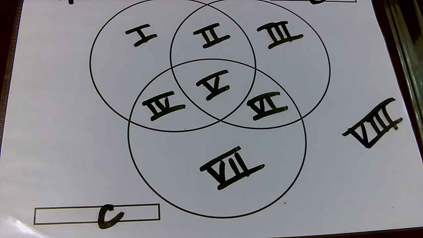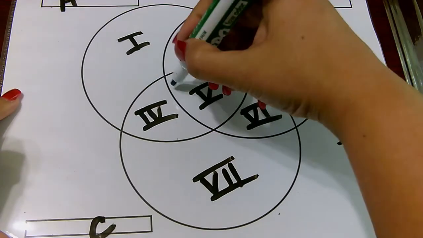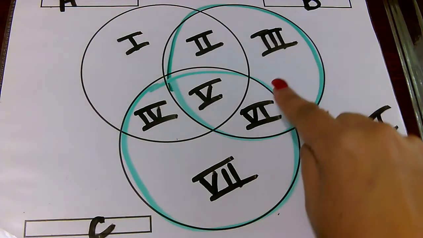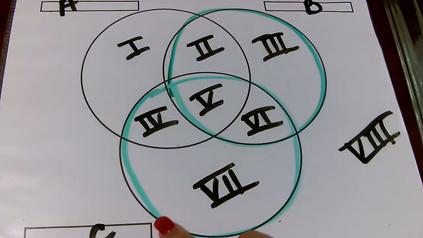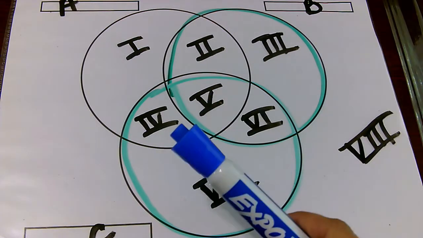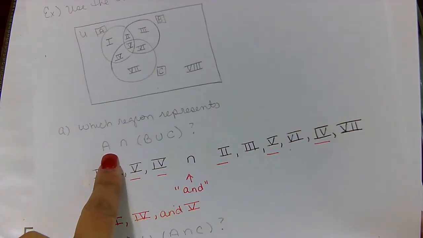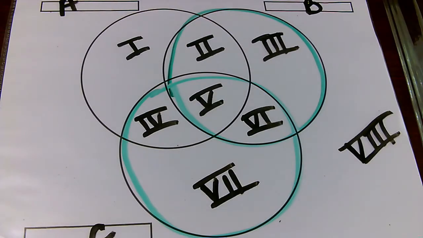I'm going to go ahead and mark B or C. So remember that or statement means that you'll take all of it. So I went ahead and circled those 2 parts, B and C. Okay. I'm going to go ahead and use a different color marker to represent this word and. Now I'm going to go ahead and circle my A.